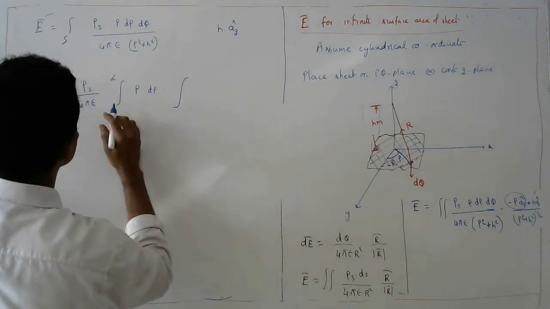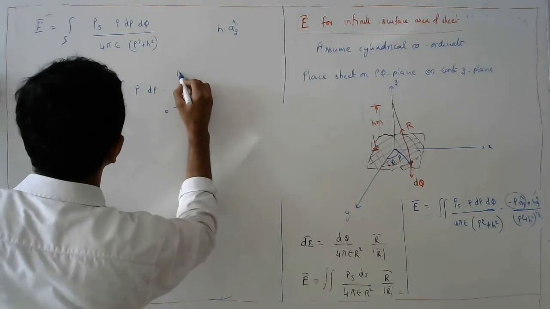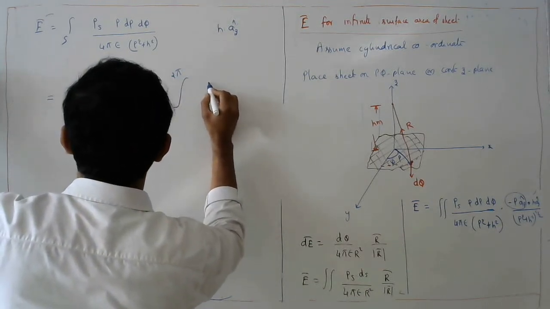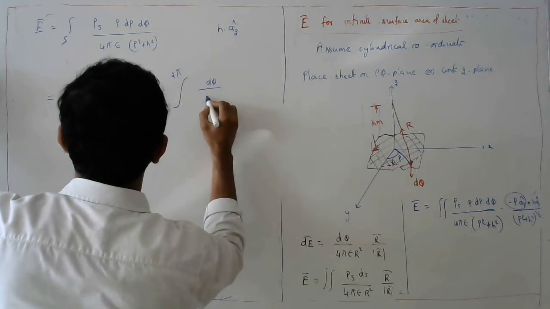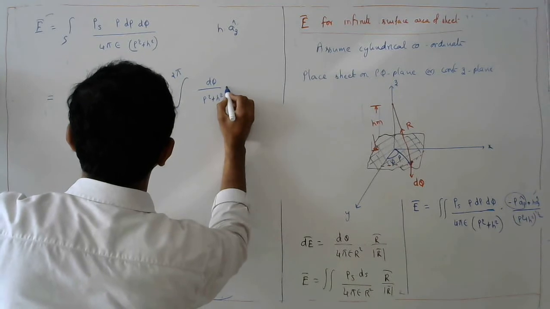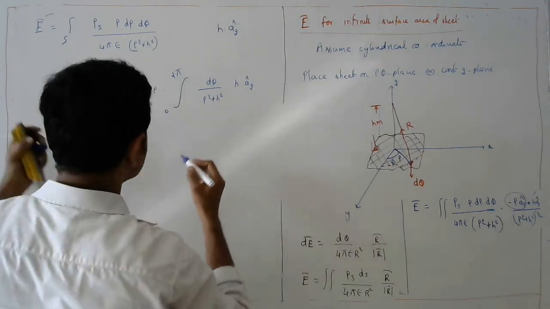So this rho varies from minus infinity to plus infinity, and phi varies from 0 to 2 pi. That will be d phi by (rho square plus h square) into h into az cap.